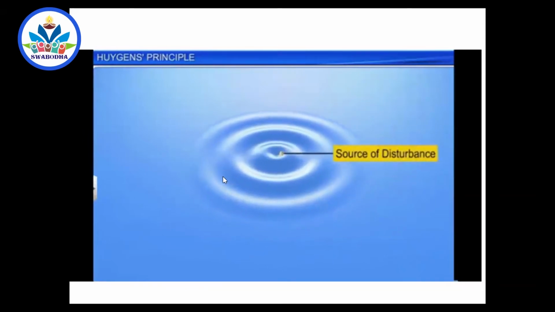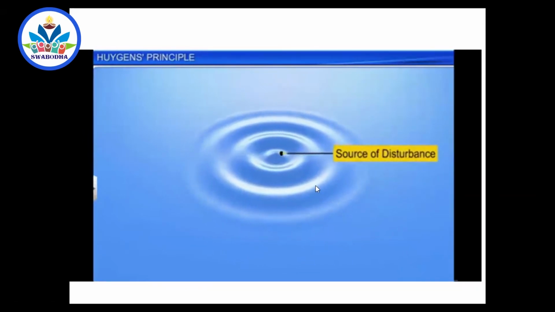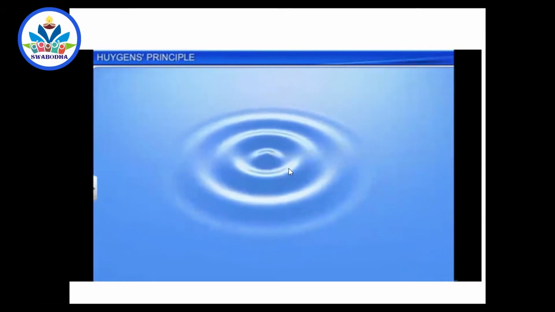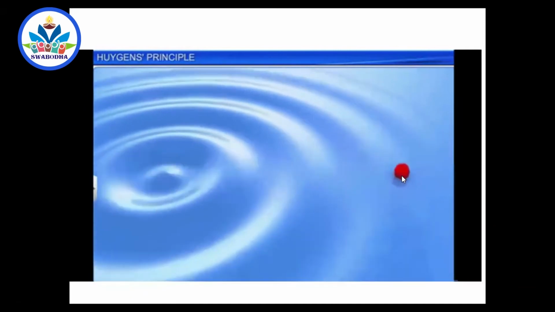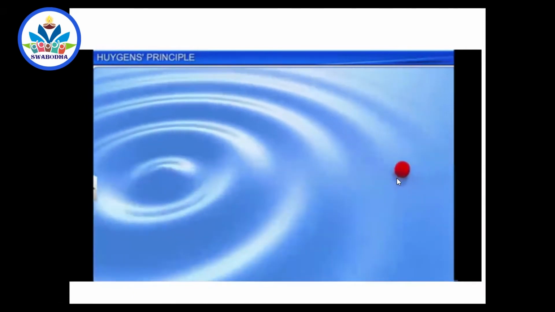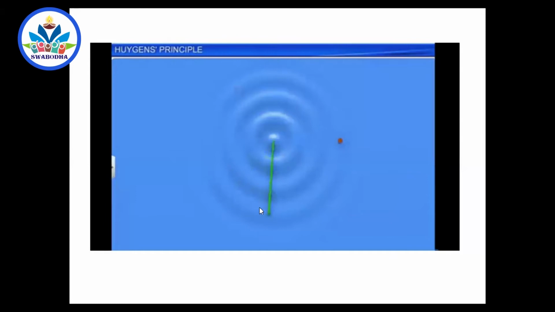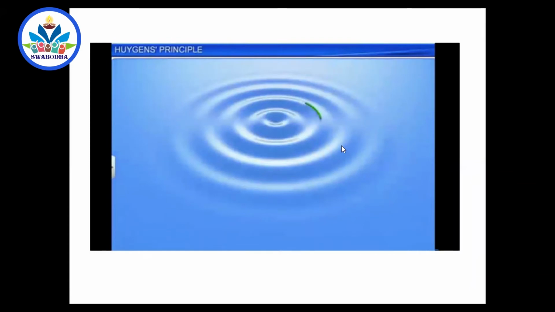When all the particles go down, everywhere it goes down, and when all the particles go up, everywhere it goes up. So at a particular distance, you will get identical phased particles, molecules, and if you collect all these particles which are in phase together, you will get a wavefront, and all the particles will be either in the crest or in the trough.